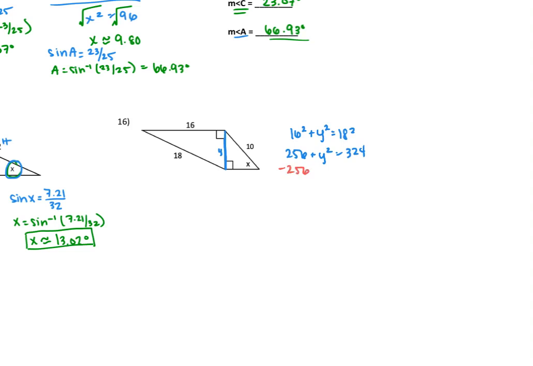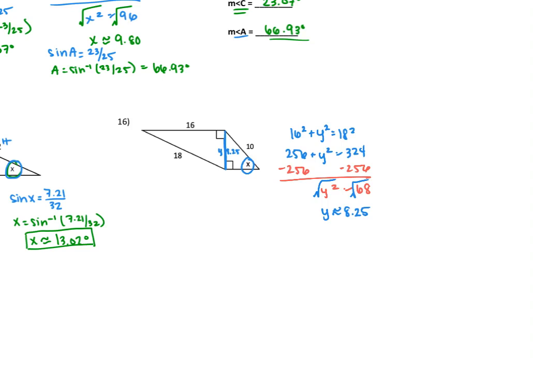Subtract 256 from both sides. So y squared equals 68, and last step, take the square root. 8.25. So now I have my shared side, so now I can use inverse trig to solve for my angle.